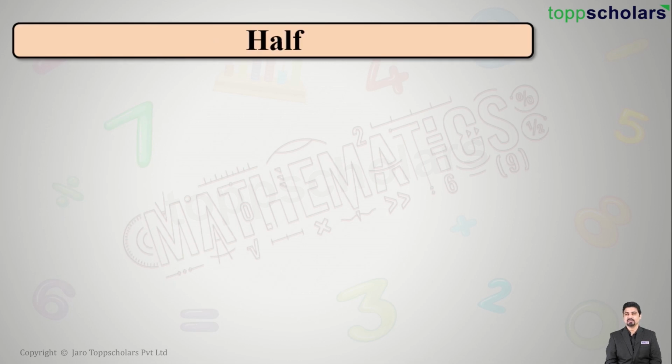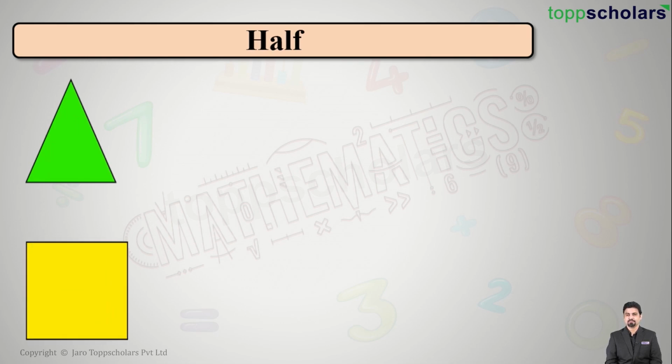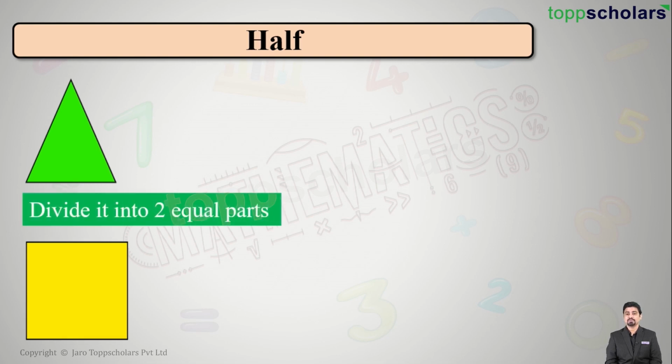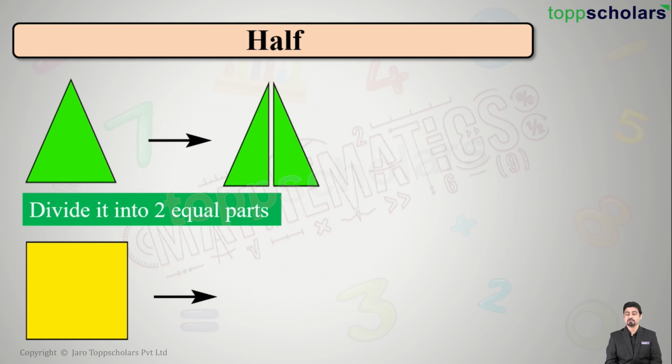So let us begin. What do we mean by half? Suppose I have one full triangle like this. Or let's say I have a square. If I cut the triangle and square in two equal parts like this. So triangle cut in two equal parts. Square cut in two equal parts.